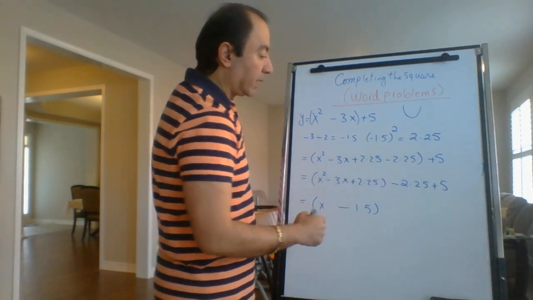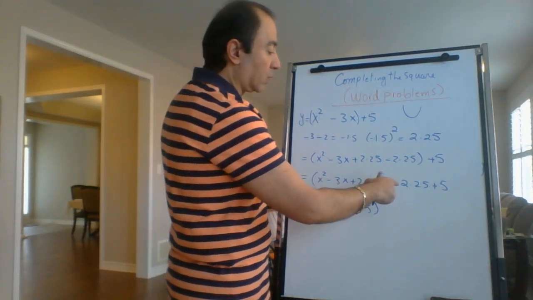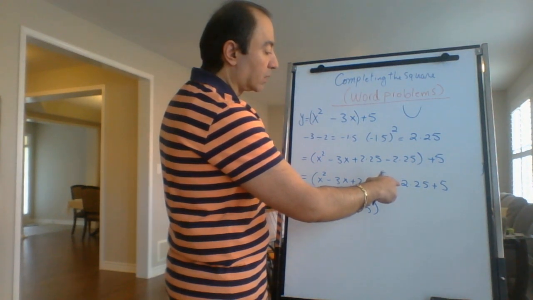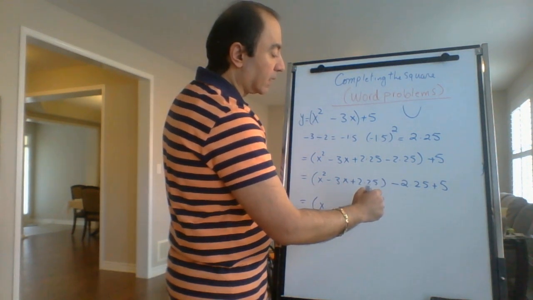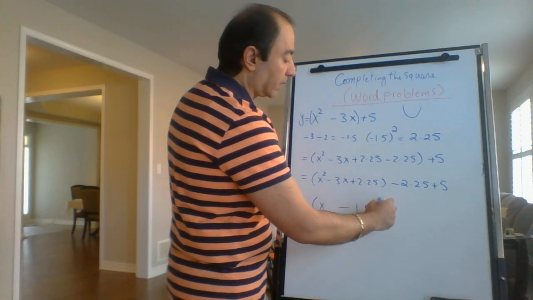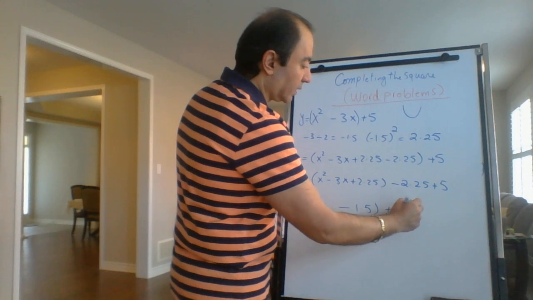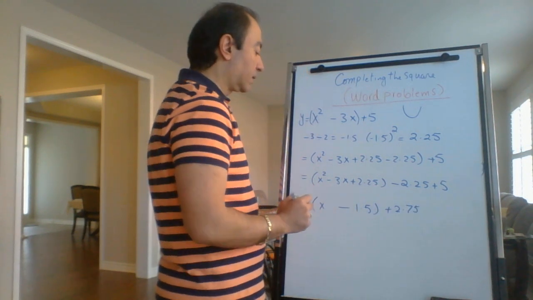Then I will add those two numbers, so negative 2.25 plus 5, I think this will be 2.75 if I'm not mistaken. I think it's right.